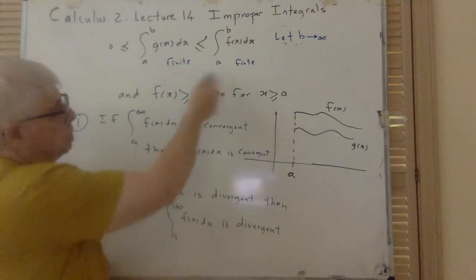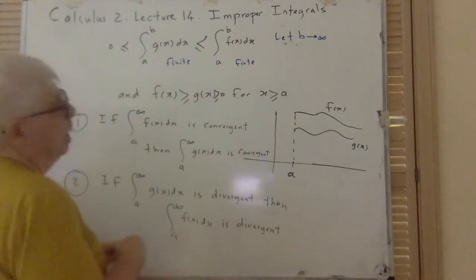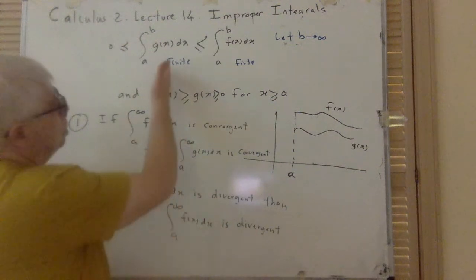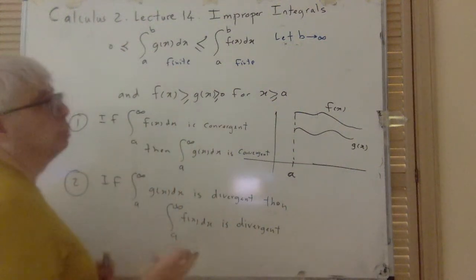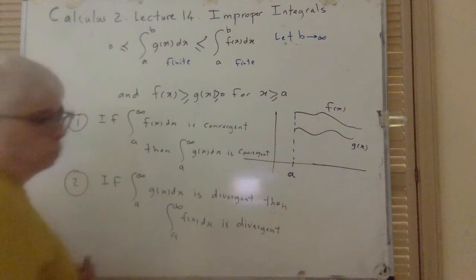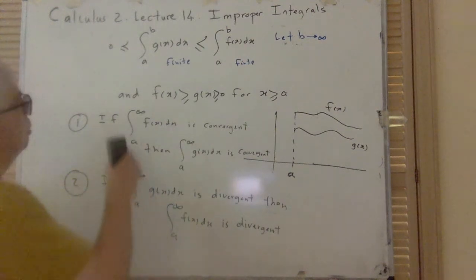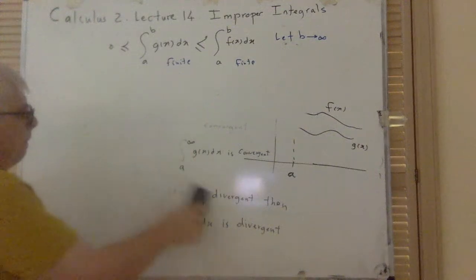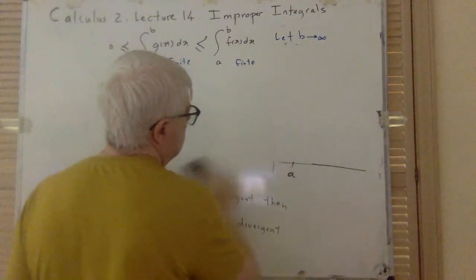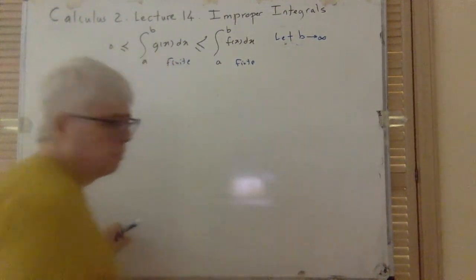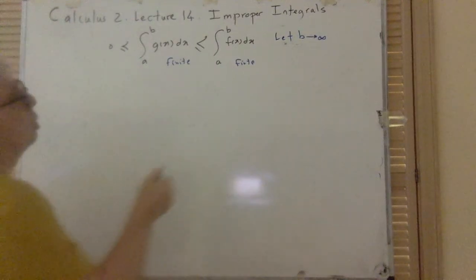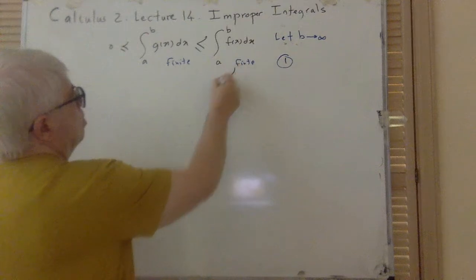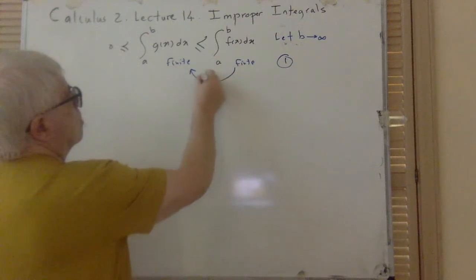So as b goes to infinity, this stays finite. So this also should stay finite because it's always less than or equal to the other one. So that is number 1. This finite implies this one is finite.